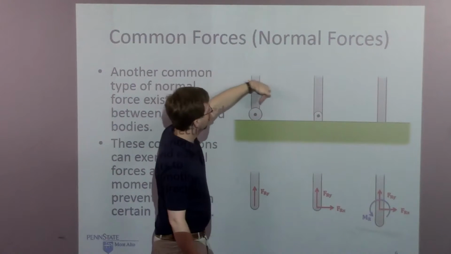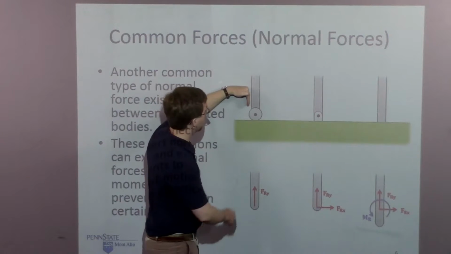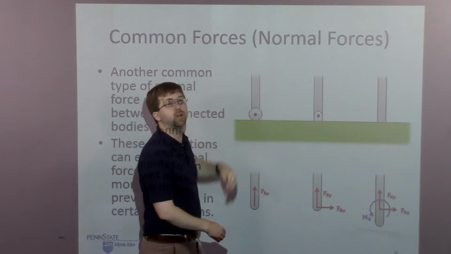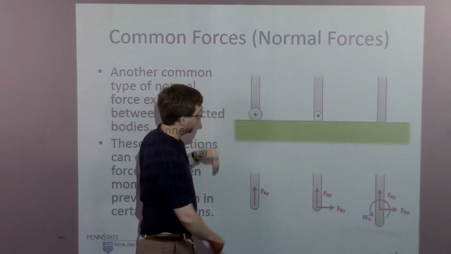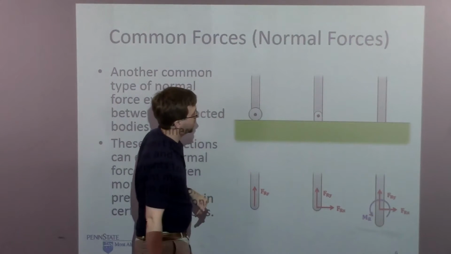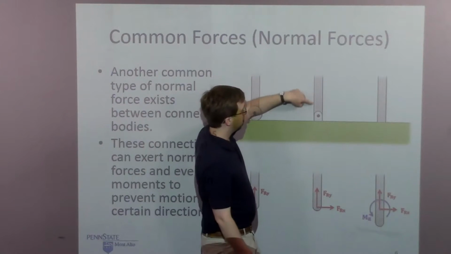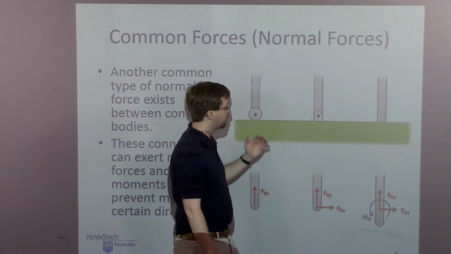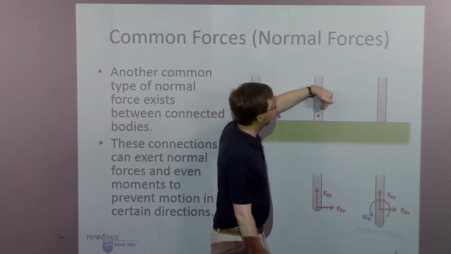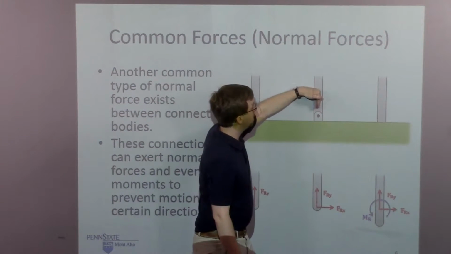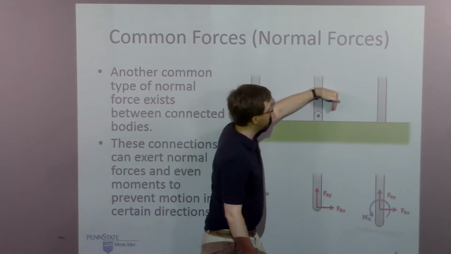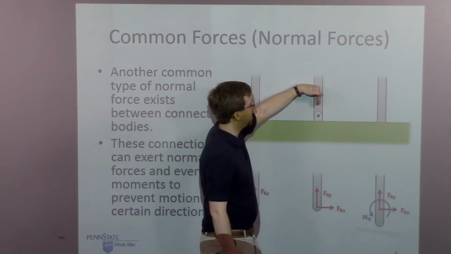It allows this body to rotate, but it prevents motion into the ground. I can't push the wheel into the ground. And generally, unless I'm pulling the whole body up, it's going to have some normal force just in the y direction. If I have something a little more constraining, like a pin joint, a pin joint allows for rotation. This would be like a hinge on a door, but it prevents motion to the left and right, and it prevents motion up and down.